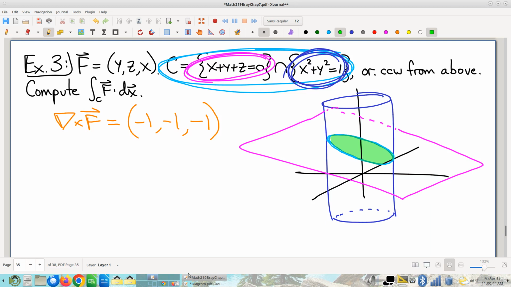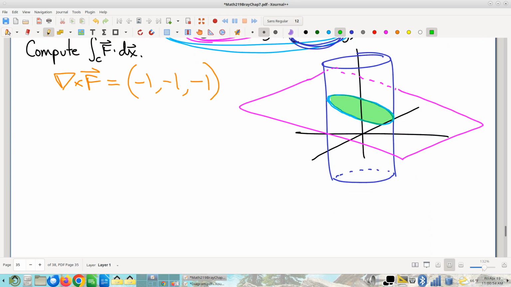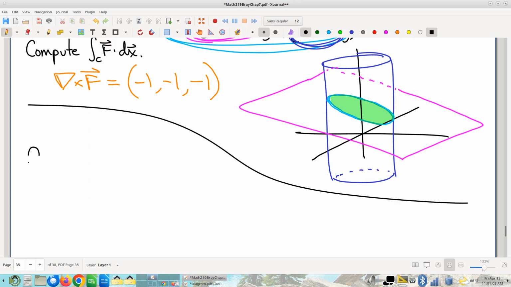And so it's not hard to parameterize this curve. The vector field's not that bad. It might just be easier to crank this one out directly. And I think that's a nice sort of do both sides and see what you get. Compute on the one hand, just because you can, the original line integral over the original curve, your original vector field.